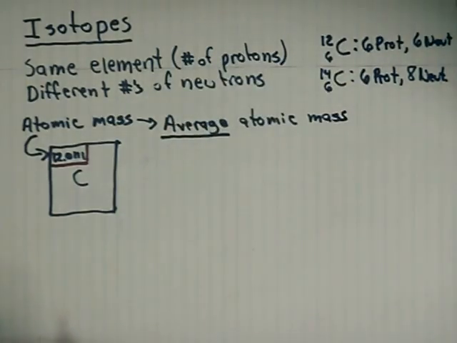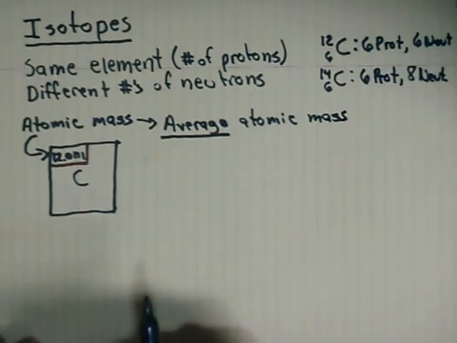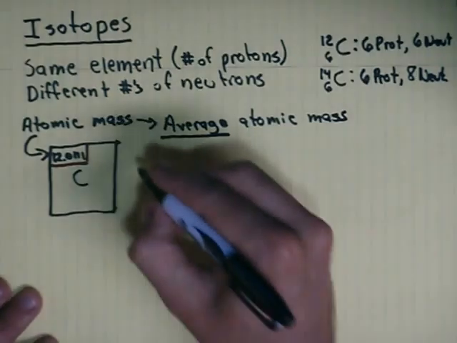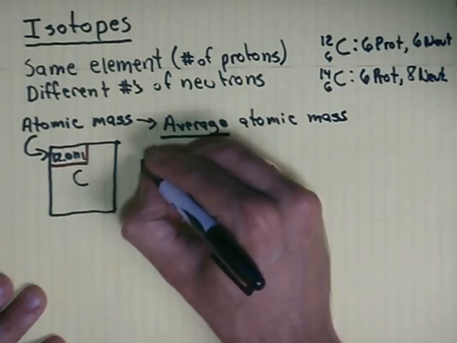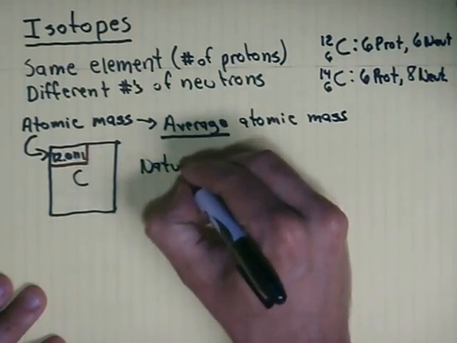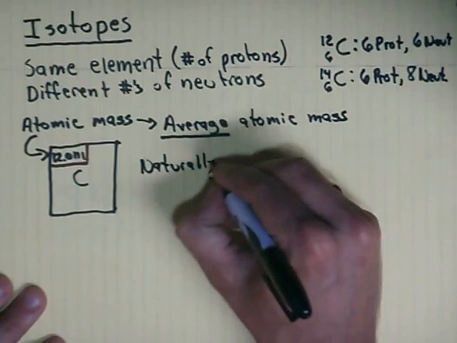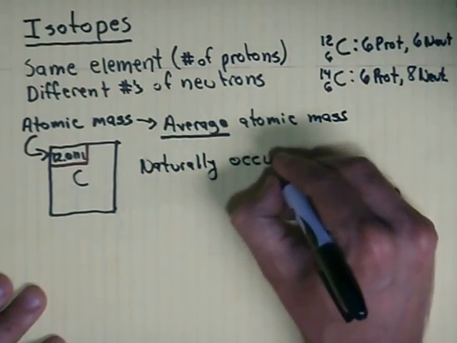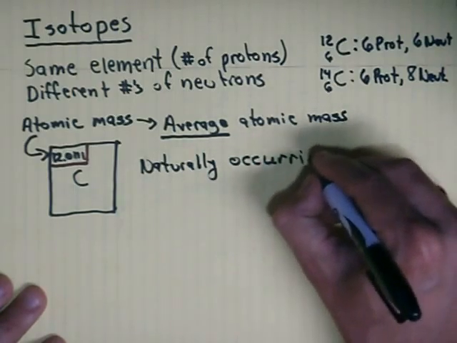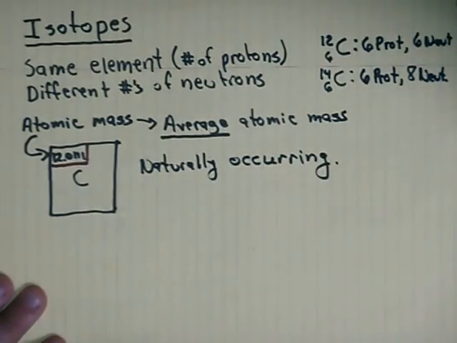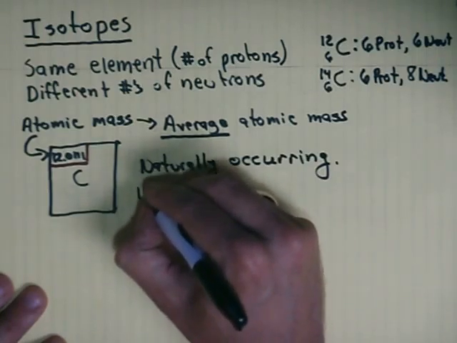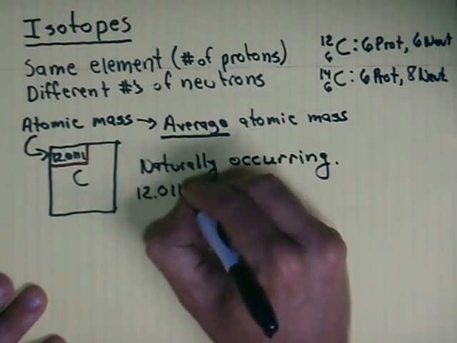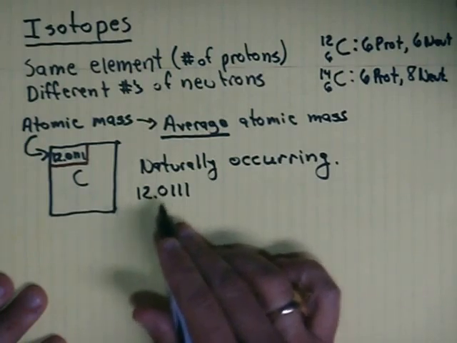And so that lends the question: the average of what? It's the average of essentially everything that's found in nature. So for carbon, because it's 12.0111, that's really close to 12.